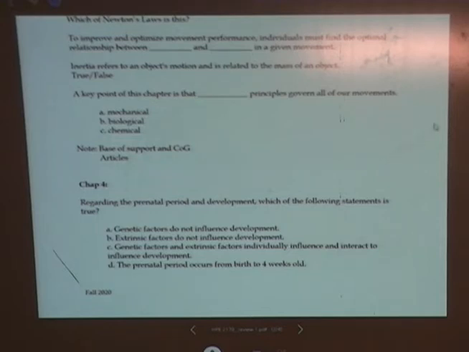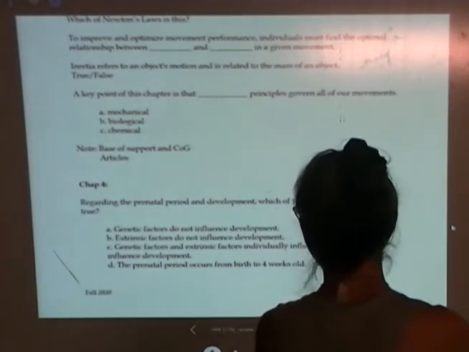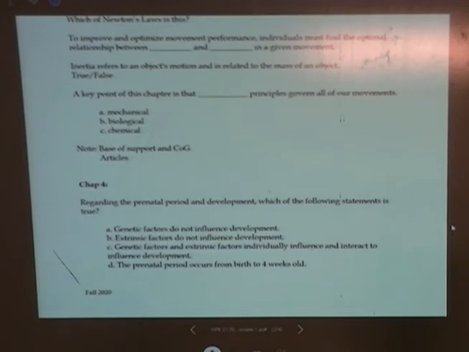So we're looking at growth and development, initially prenatal and then postnatal. All right? So, regarding the prenatal period and development, which of the following statements is true? A, genetic factors do not influence development.